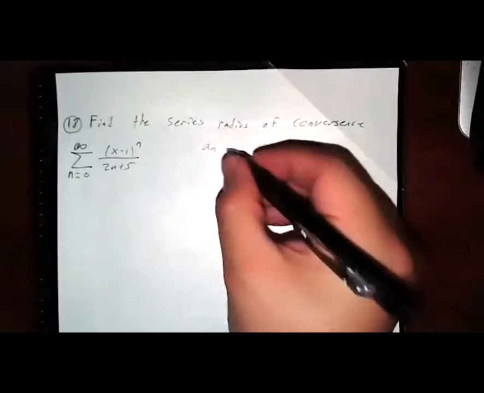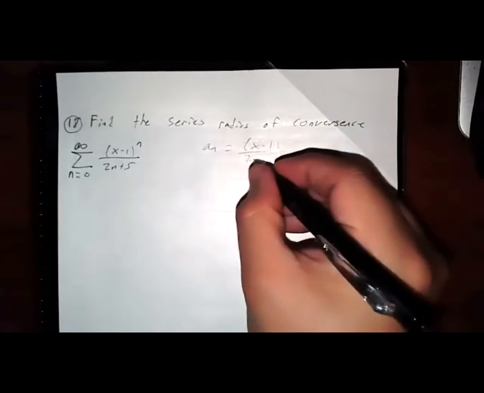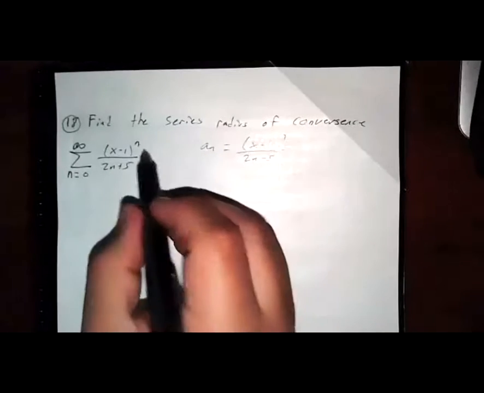So my a sub n is this whole weird sequence. We're going to use the root test because I see a power of n. Let me double check though. Actually, yeah, it's okay.